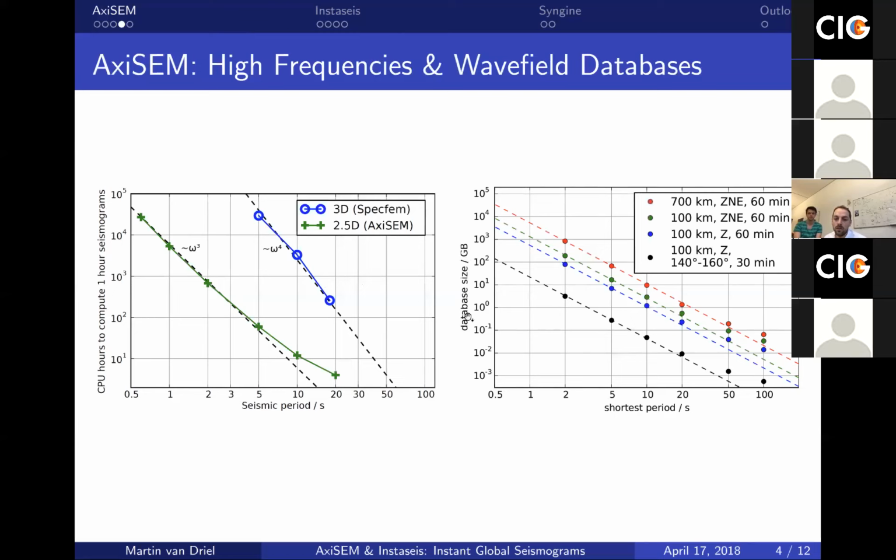So if you store a full waveform database for different situations, down to different depths, different components, and different durations. It turns out that in many cases we use 2 seconds, because that was really useful. You get away with a standard hard drive that you can just buy off the shelf.